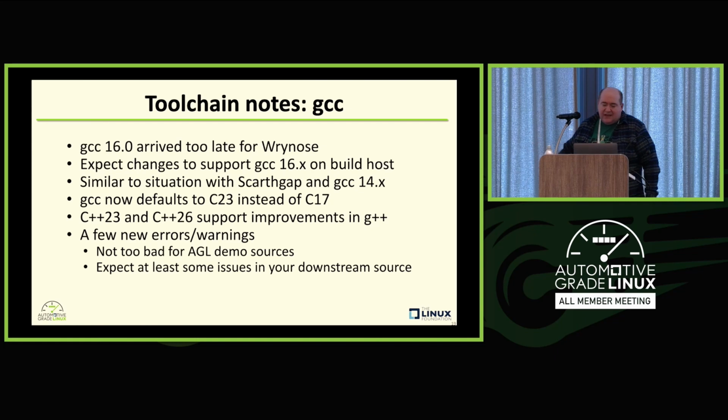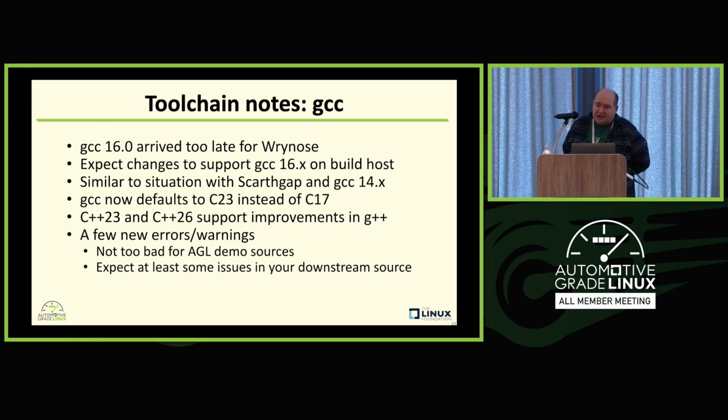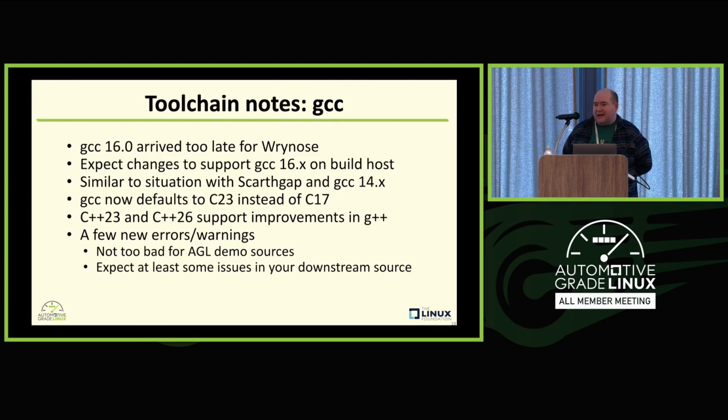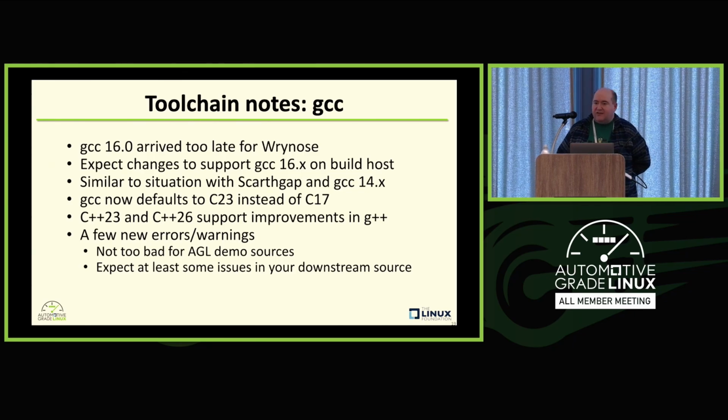A few specific things. GCC 16 actually just came out, but it was too late. That happened with Scarthgap as well; the release cycles just don't align. But I suspect in the next two months there'll be changes backported to Wrynose, if anything needs to be fixed to support a build machine that has GCC 16.